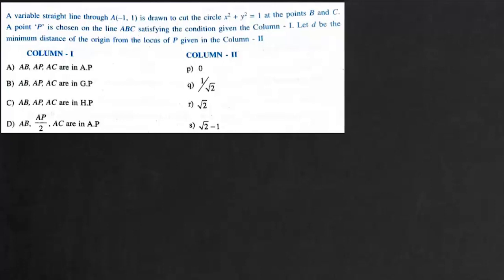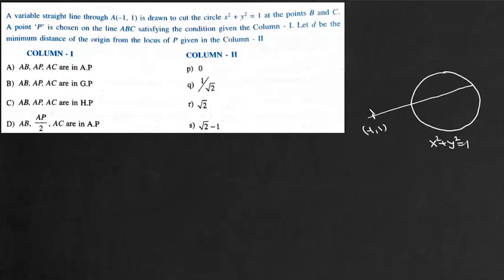Now here the question is, a variable straight line through this point A is drawn to cut the circle at points B and C. So we have this circle x square plus y square equals to 1, and then we have this point minus 1 comma 1 which lies outside this circle.